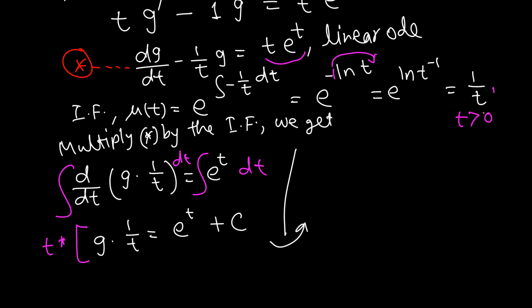Here we can take t positive, multiply through by t, we can because t is not 0. Then this is g as a function of t equals, multiplying by t, t e^t plus ct.